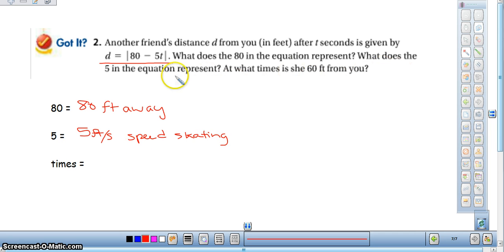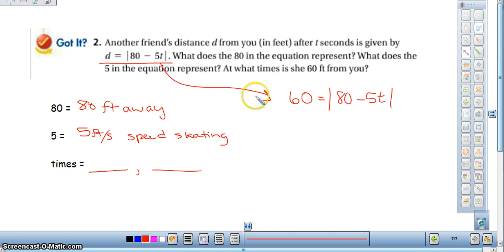And the question says, at what time is she 60 feet from you? So if we're thinking about this equation, what we really want to put is 60 is equal to the absolute value of 80 minus 5t. When we go to solve that, we're looking for times, and notice it says times, not time. Remember, if you think about this situation, here you're standing, this is you, your friend approaches going at that speed.